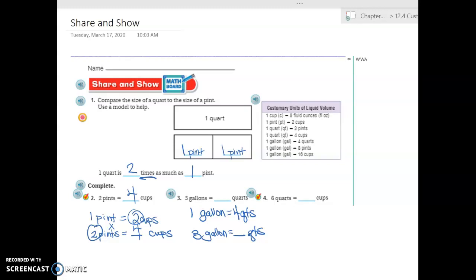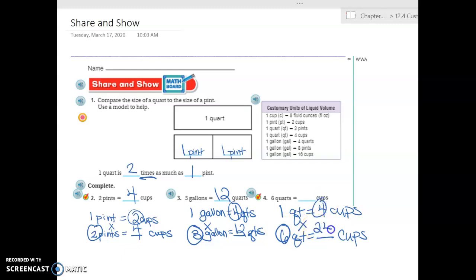So that means we have 3 sets of 4 quarts, which is 3 times 4, which would give us 12 quarts. Again, we refer back to our table. We know that 1 quart equals 4 cups, but we have 6 quarts, which means we have 6 sets of 4 cups. So 6 multiplied by 4 would give us 24 cups.